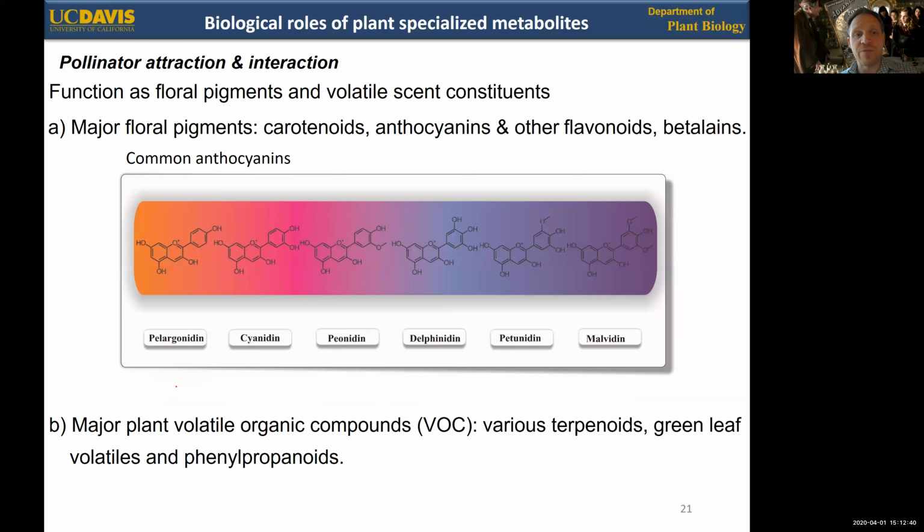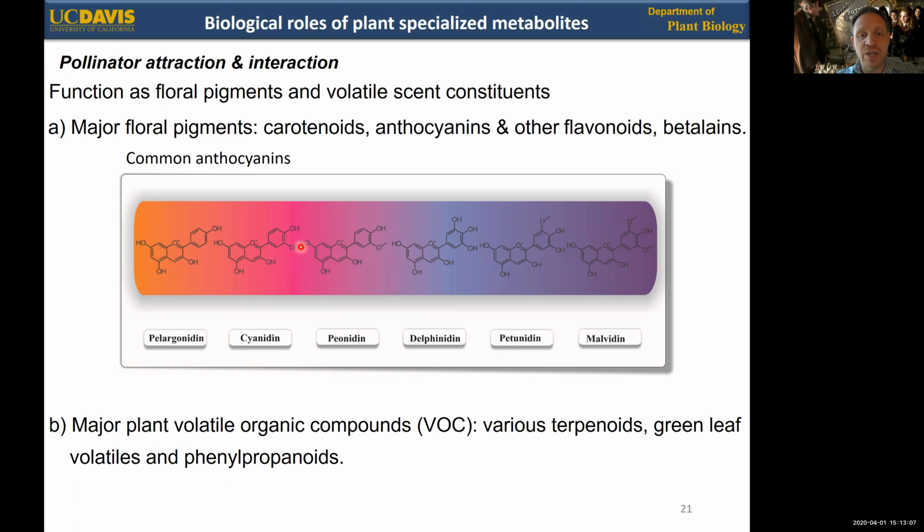And so one example here, for example, in the pigments is your anthocyanins. So if you actually have a look here at all these common structures, right, you can tell all these compounds have essentially the same structural backbone. This is a typical anthocyanin flavonoid type backbone. But then you see you have slightly different double bond arrangements.